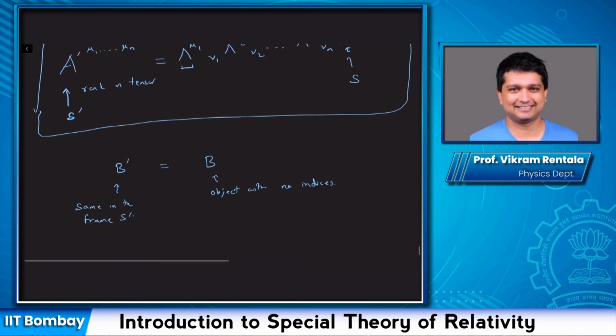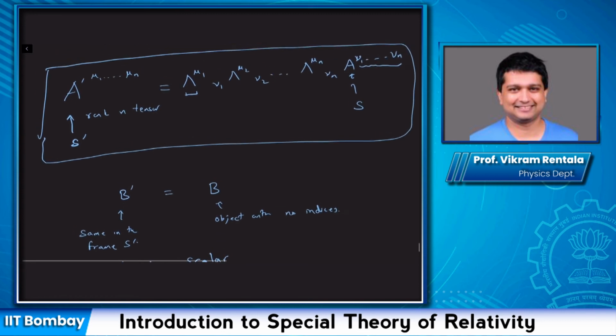Such an object is called a Lorentz scalar. Things like the space-time interval that we've seen, for example, are Lorentz scalars. Or the speed of light is a Lorentz scalar. It doesn't transform from one reference frame to another.